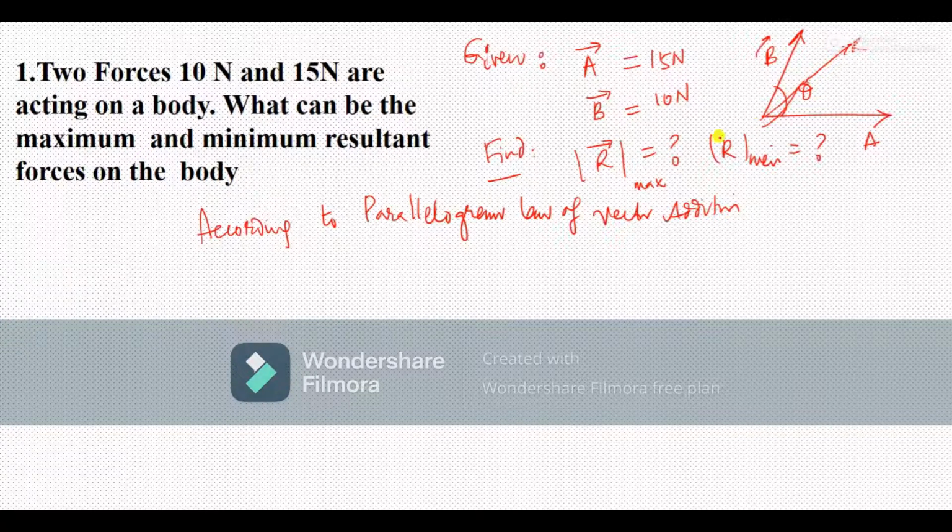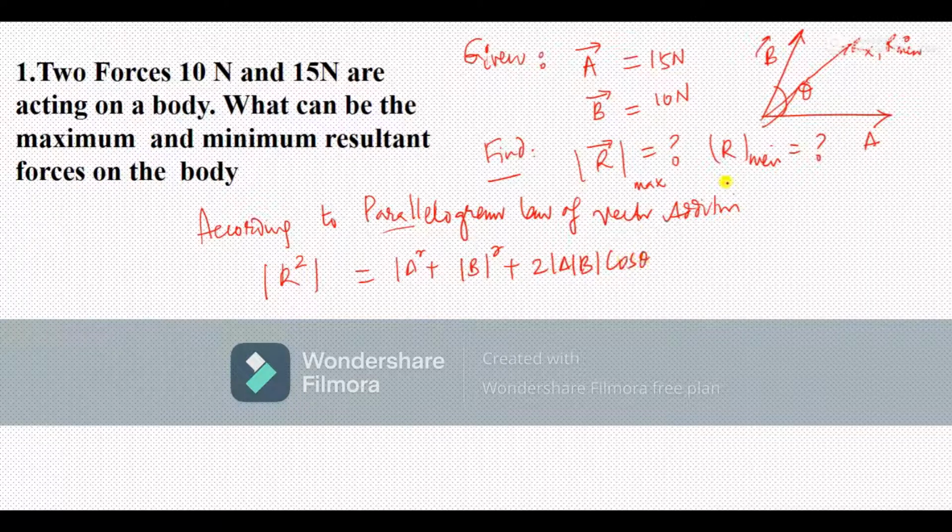We have to find what is the maximum and what is the minimum of this. According to the parallelogram law, the resultant R is equal to the square root of A square plus B square plus 2AB cos theta, where theta is the angle between these two vectors.